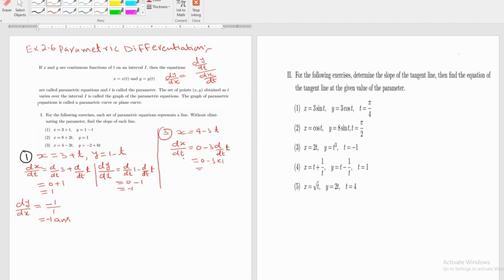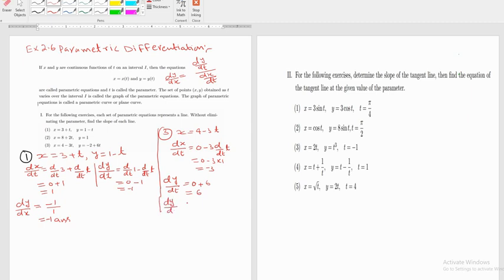So 0 minus 3 means minus 3. This is dx/dt. Now dy/dt: differentiate this function. The derivative of the constant is 0 plus d/dt of 6t is 6. So 0 plus 6 means 6.